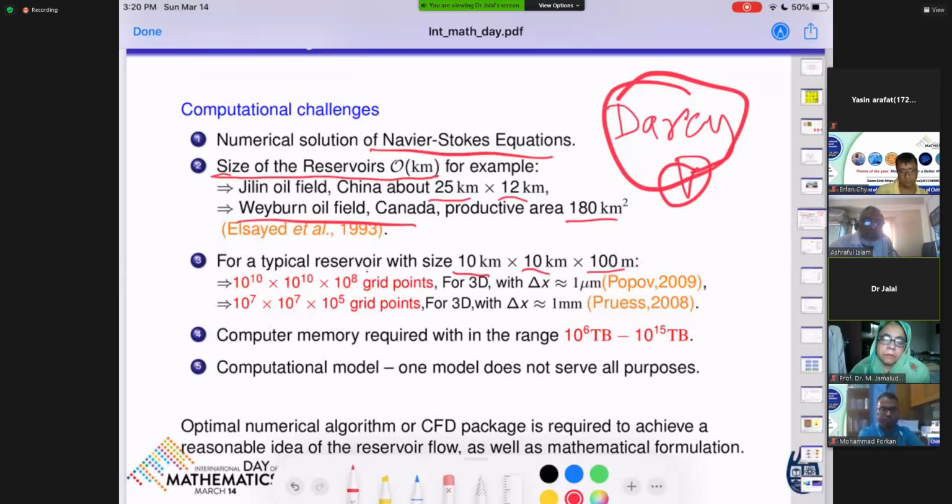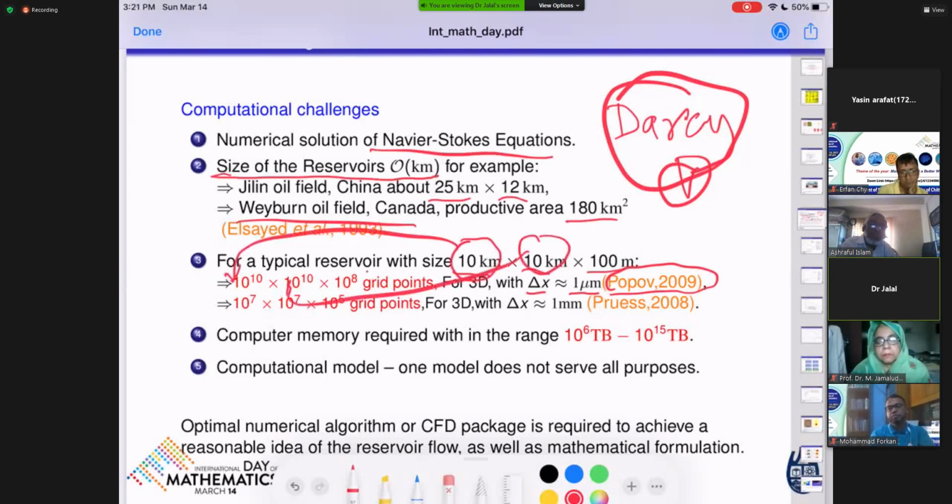Now, if I consider delta x equal to 1 micrometer, why do you have to consider 1 micrometer? Because research says flow through porous media occurs at the micrometer scale. So if my delta x is 1 micrometer, how many grid points do I need for this one? I need this many grid points in this direction, and this many in this one, and this many in this one.